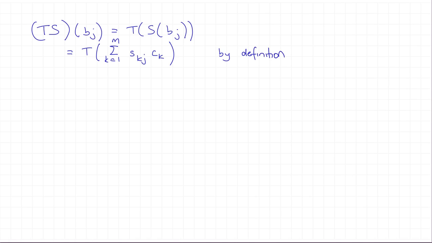So that is simply the definition of the matrix of S with respect to initial basis B and final basis C.